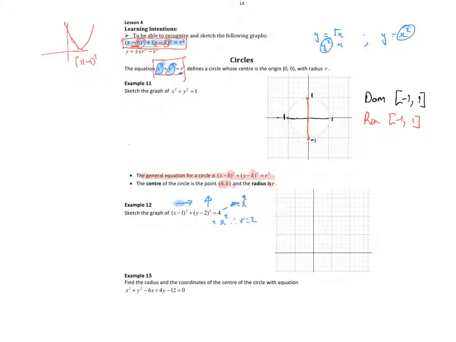So instead of mucking around with my device, my center is 1 across, 2 up, at the point (1, 2). The radius is 2, so let's mark our endpoints in: 2 down, 2 across, 2 up, 2 to the left.